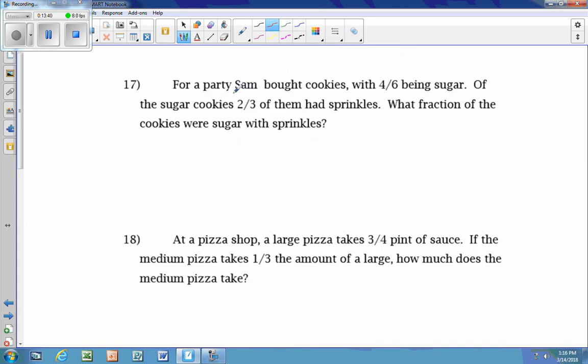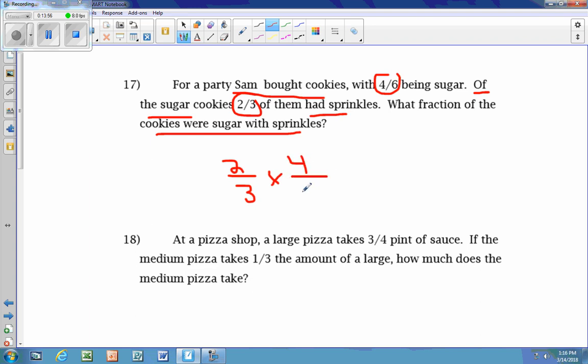For a party, Sam bought cookies. 4/6 are sugar. Of the sugar, 2/3 have sprinkles. What fractions are sugar with sprinkles? So 2/3 of the sugar cookies have sprinkles. So that gets us to 8/18, which we have to simplify. And I am going to divide these both by 2 to get what I want.